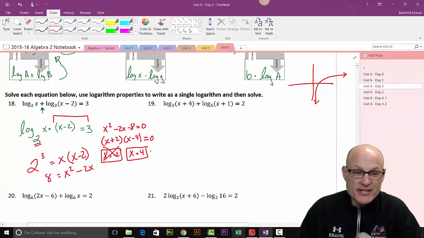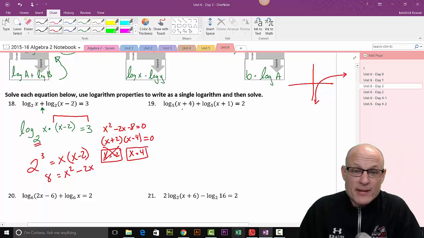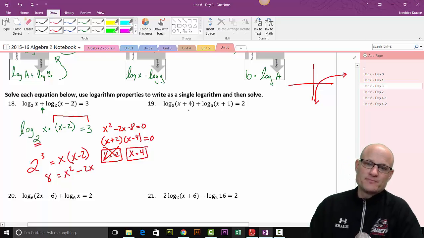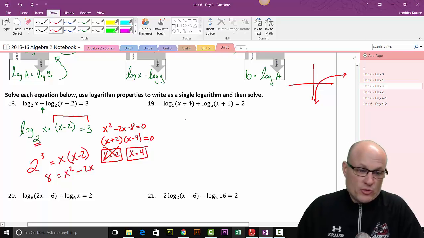All right. Now you've got to be careful. You can't always cross off just a negative answer. That doesn't always work. Sometimes negative answers work. This would be a bad example, but later on I'll show you a good one. Like down over here, if I had -2 here, -2 plus 6 is 4.